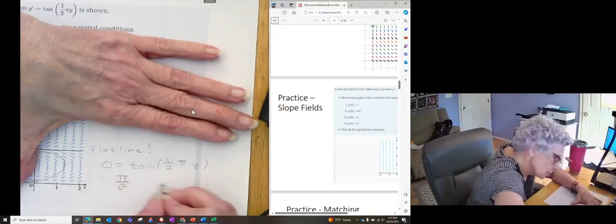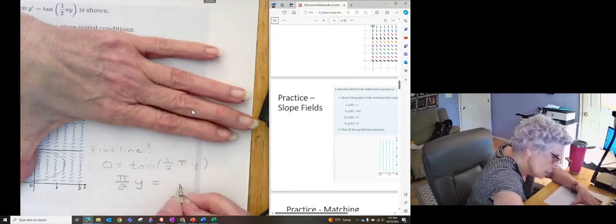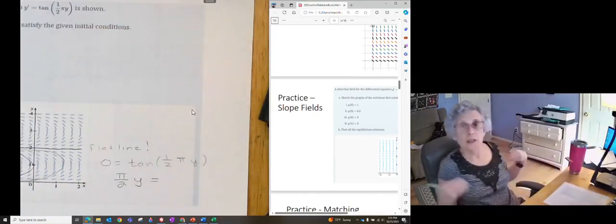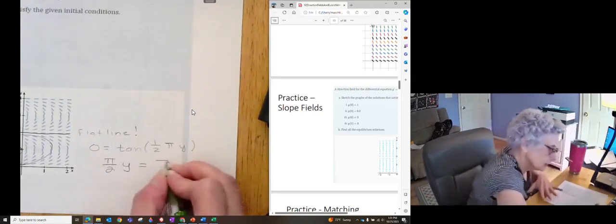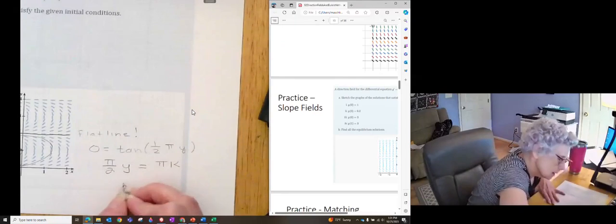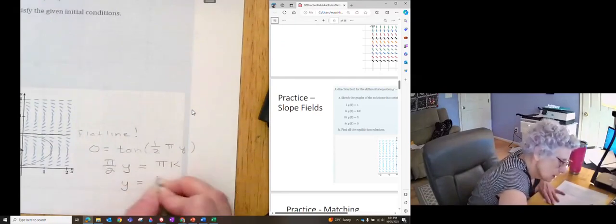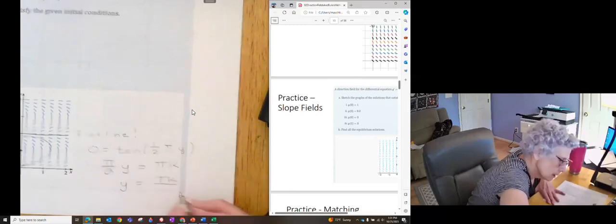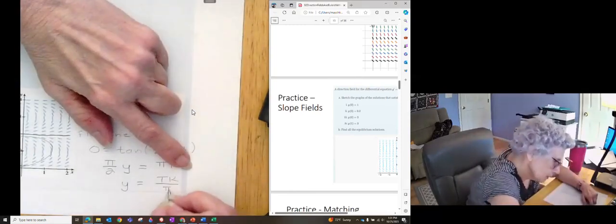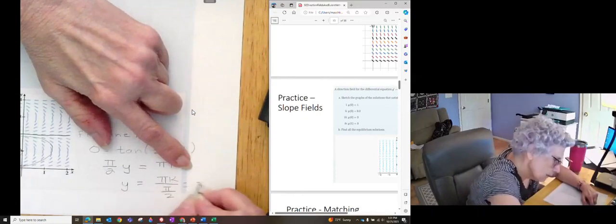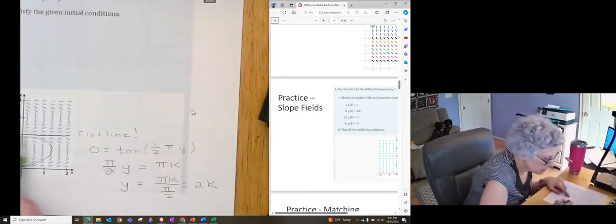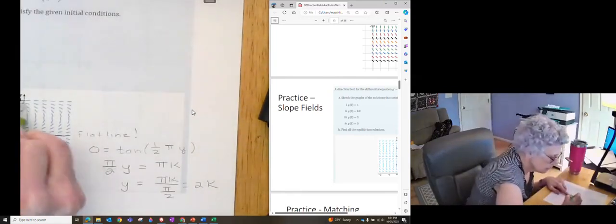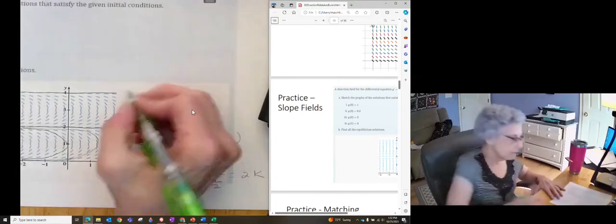So pi over 2 times y is equal to some constant multiple of pi, pi times k. So y is equal to pi k over pi halves, 2k. So we expect these flat lines here at every even y value.